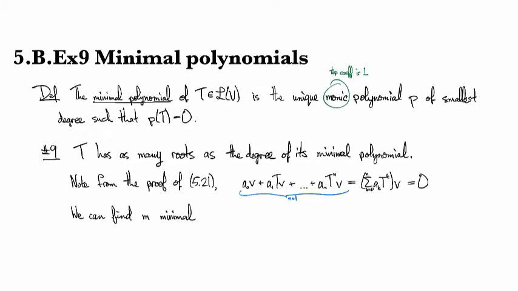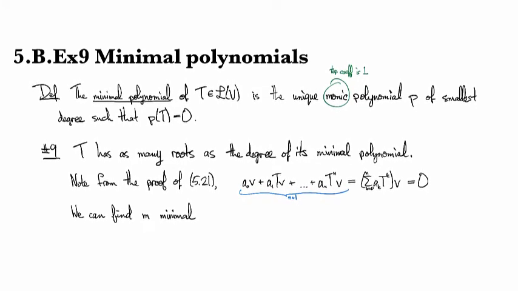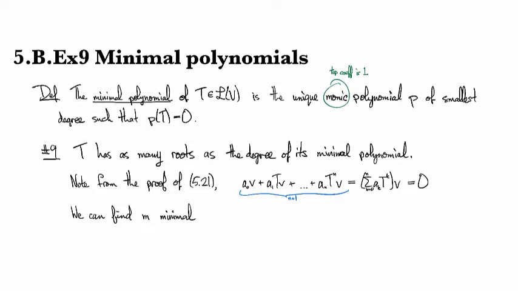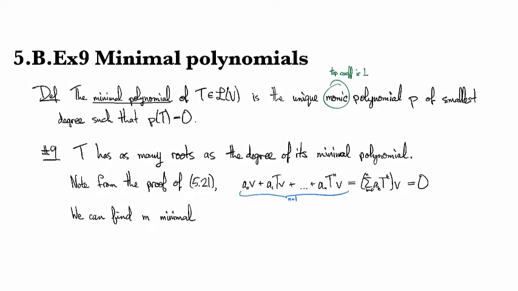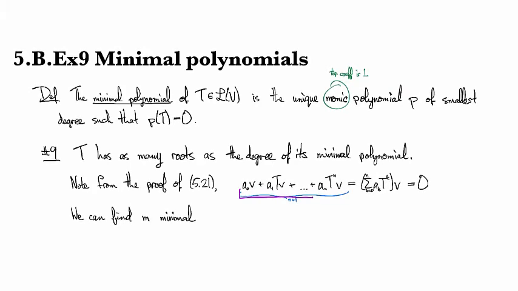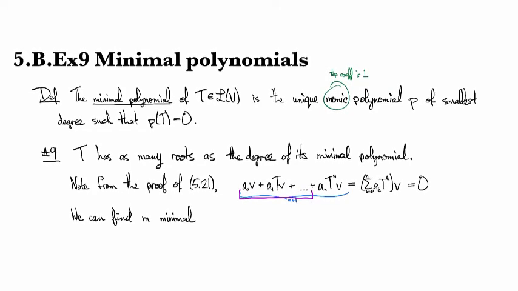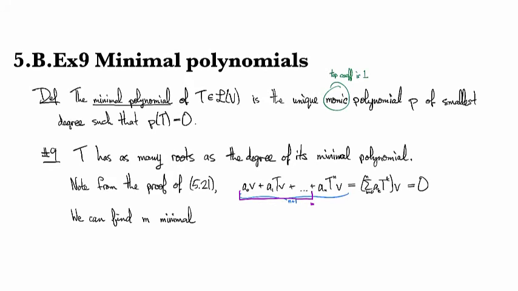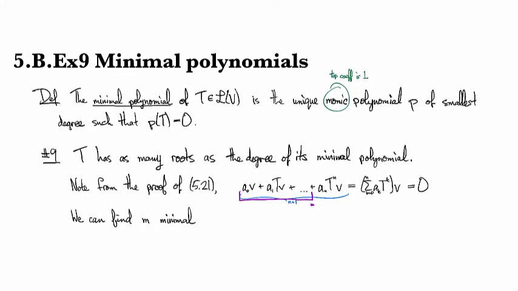And so we can find m that's minimal with this property. So let's look at the first power of T such that there's a dependence relation on those first m terms that shows up there, right?